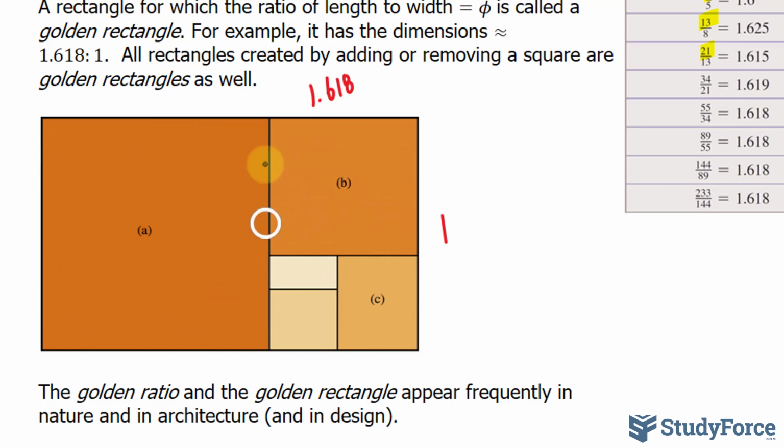Interestingly, if we focus in on, let's say, square A, the distance from here to here, if I were to draw it out as an arrow, and then I used the tip of this arrow to form an arc, we would get a pattern that looks like this.